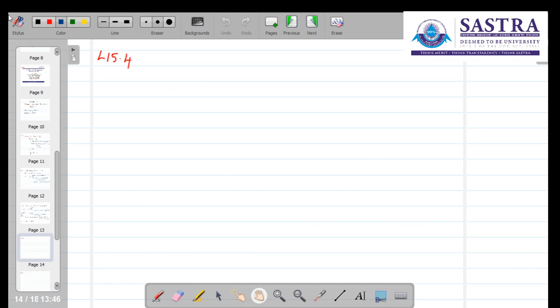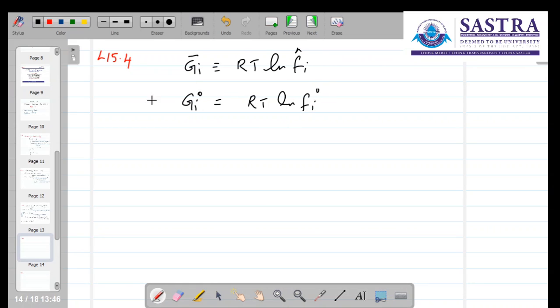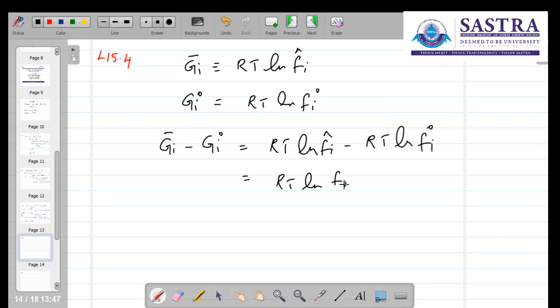So if G i bar is proportional to RT ln f i cap, and G i naught is equal to RT ln f i naught, taking the difference of these two expressions we get G i bar minus G i naught is equal to RT ln f i cap minus RT ln f i naught. Taking the difference of logs as a ratio, RT ln f i cap divided by f i naught.